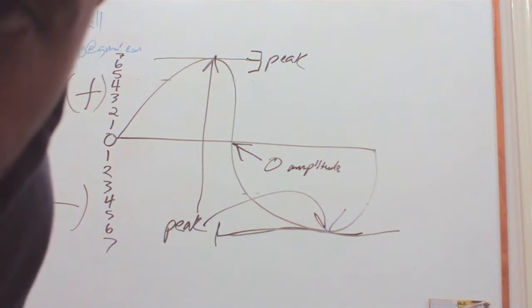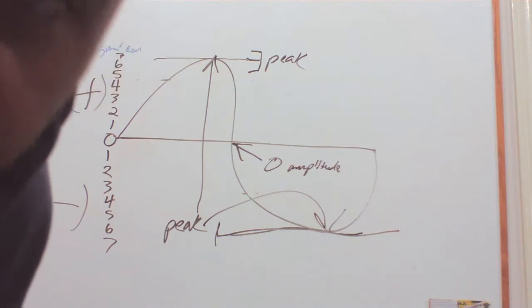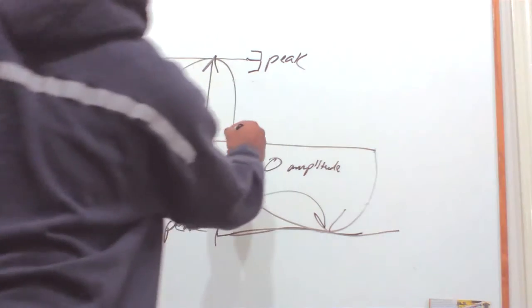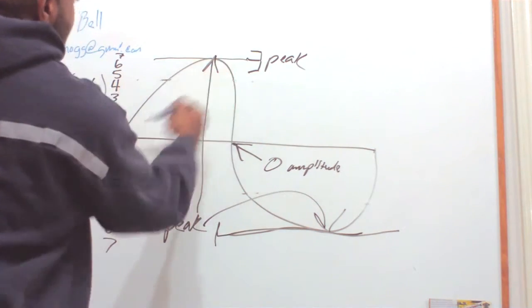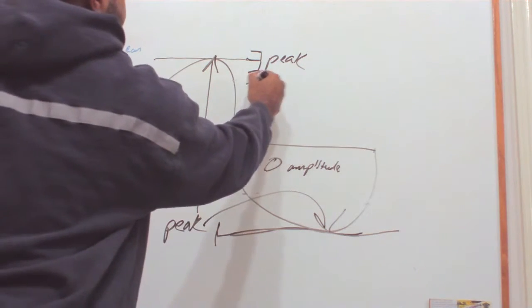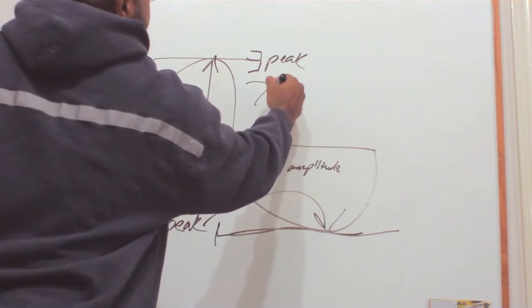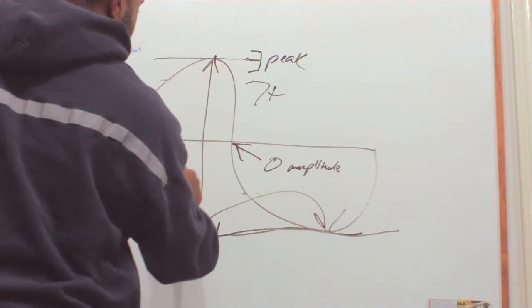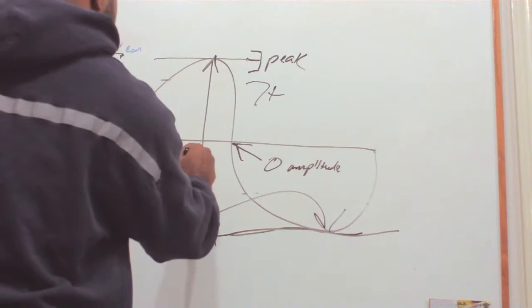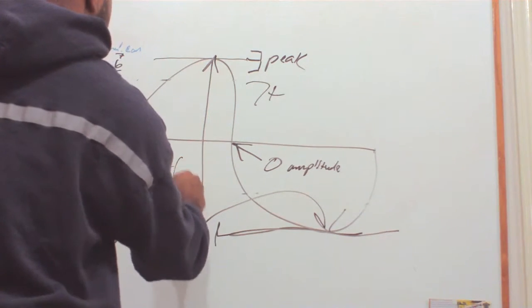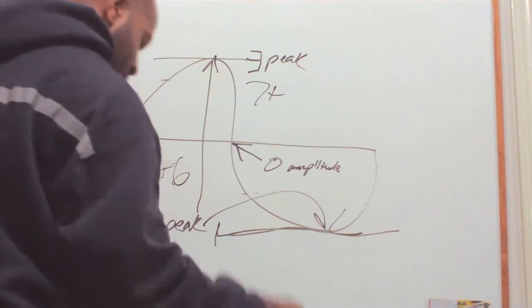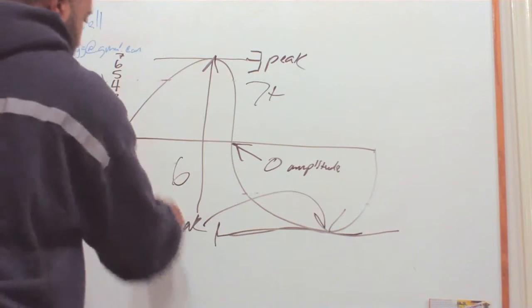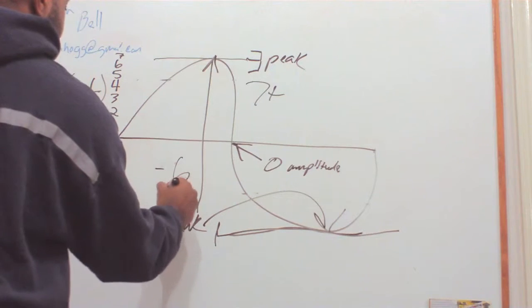And also, the peak will be from 0 to whatever it is. So it'll be right here, 0 to the peak. So our peak right now is at 7, let's just say 7 plus, and we're at about 6 negative.